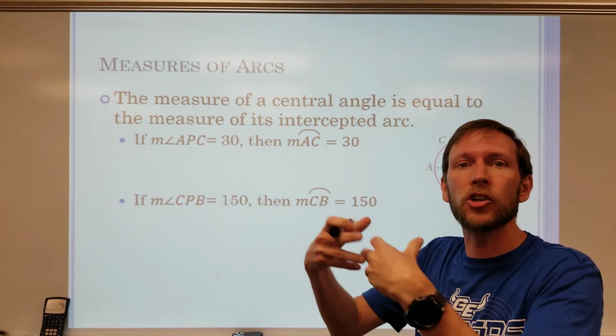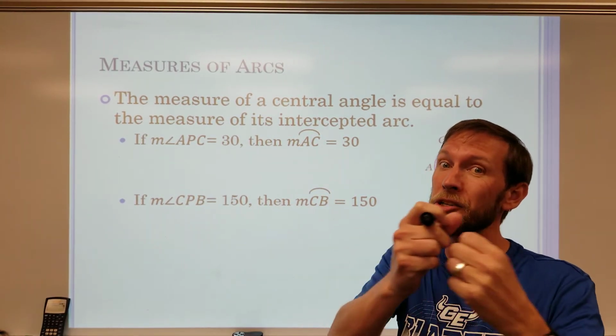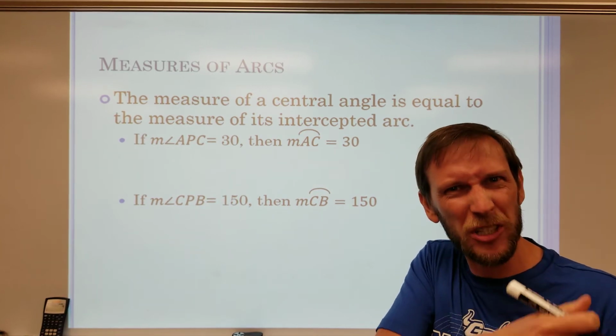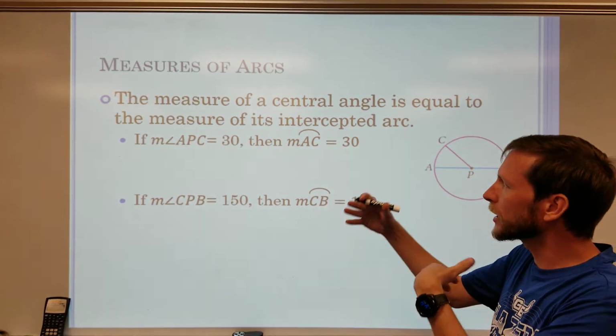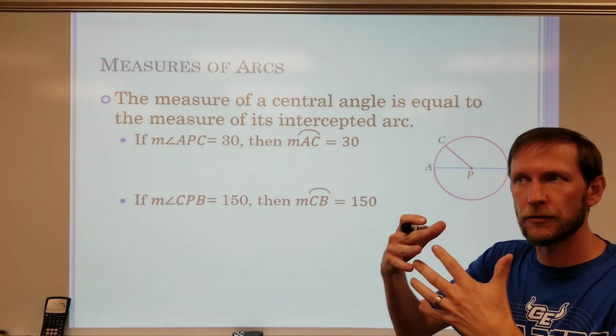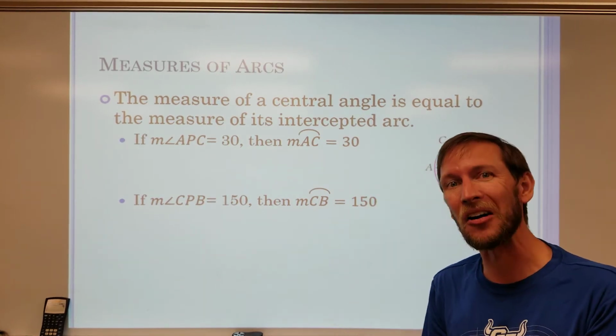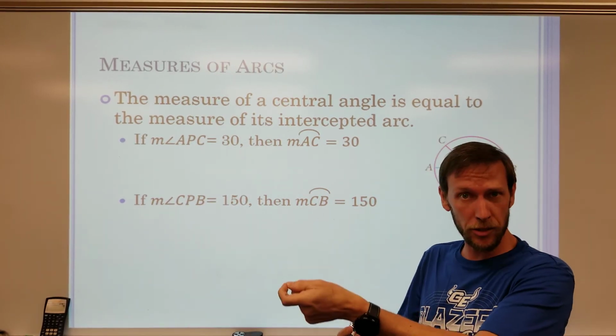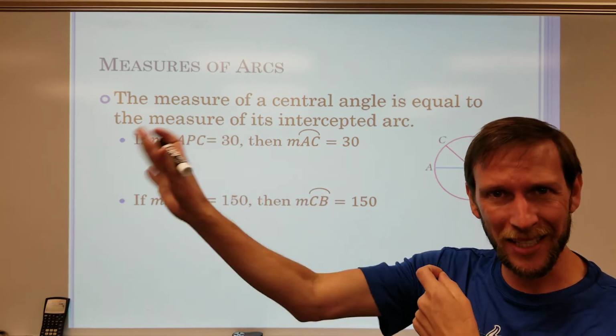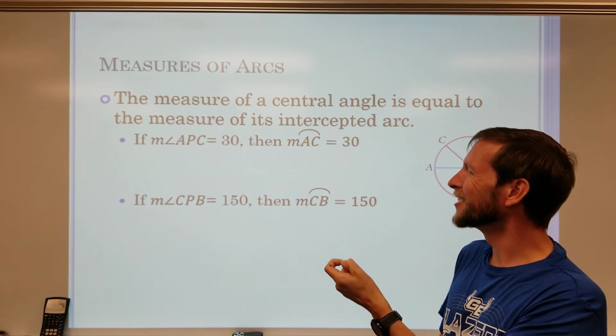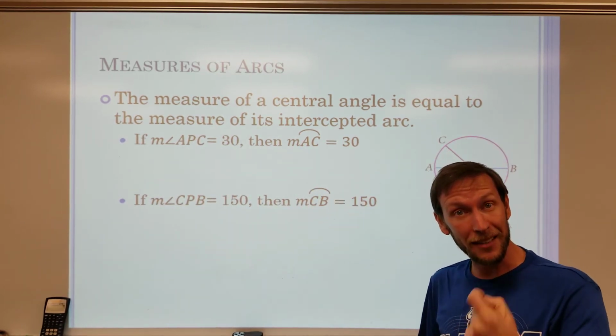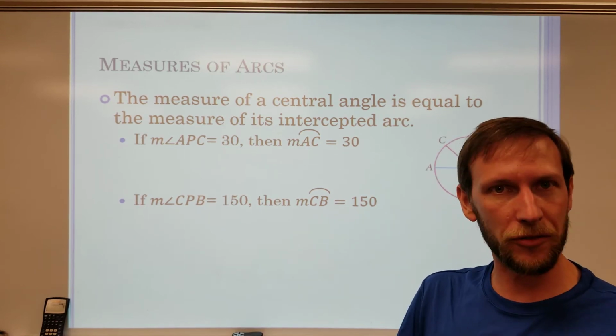We're used to measuring angles using degrees, but then measuring segments using length, using inches, meters, miles. And so here, this is going to be a little bit of both when we're talking about arcs. Arcs can have a measure in degrees, or radians, but that's another unit of measure that you'll learn about later. And it will also have a length in terms of like inches or feet or whatever.